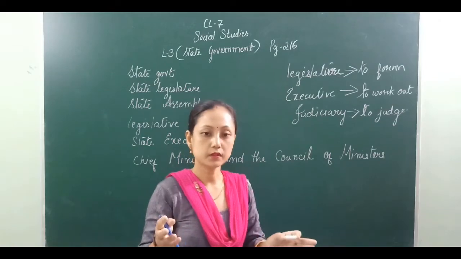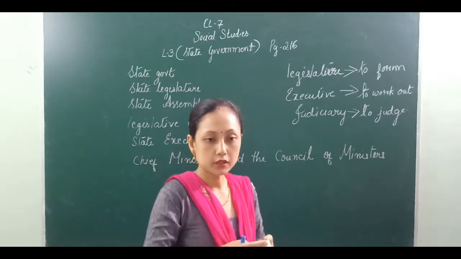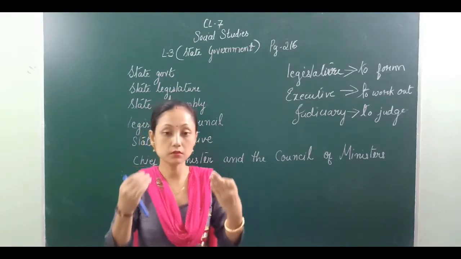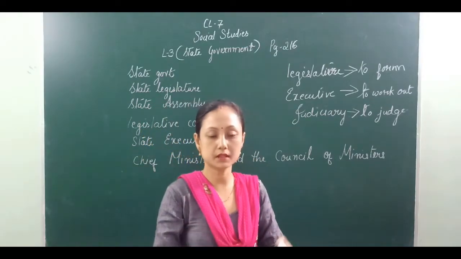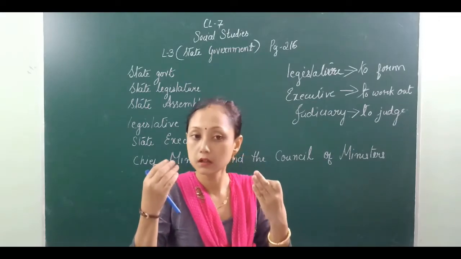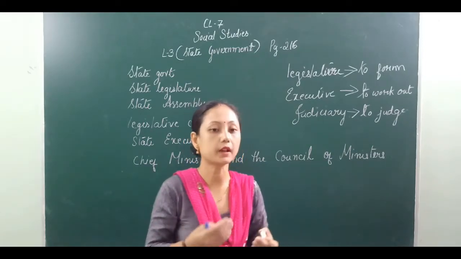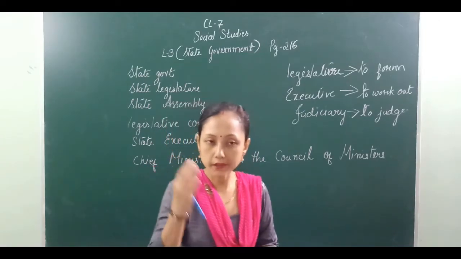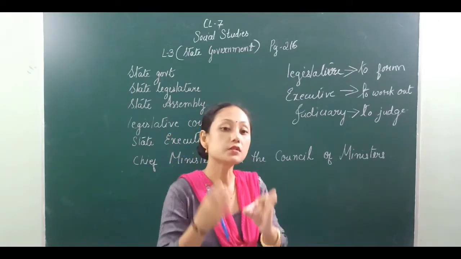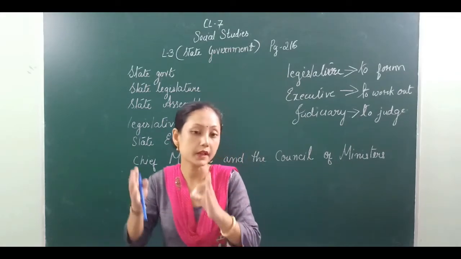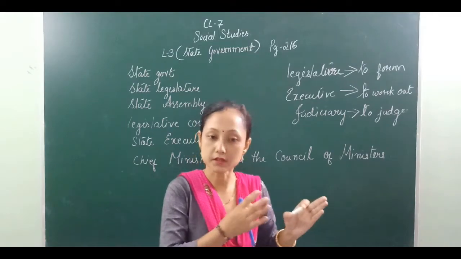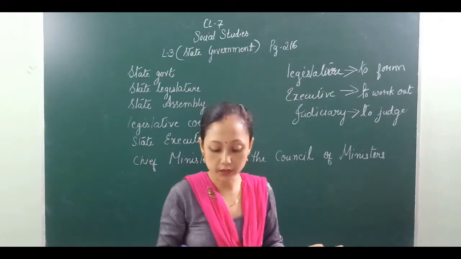All of us know that in order to become an MLA, he should be mature enough, that he should have the quality to run the state. For that reason he should not be less than 25 years of age. Another one is that he should not work under any government service. He should not have any other job.